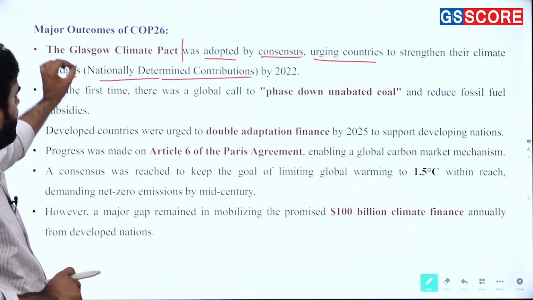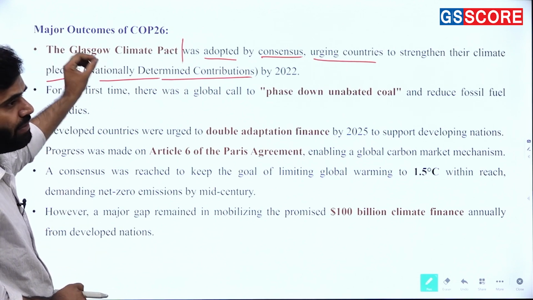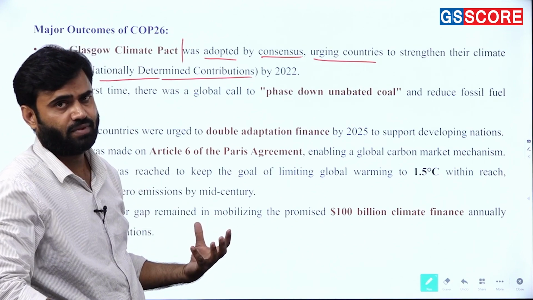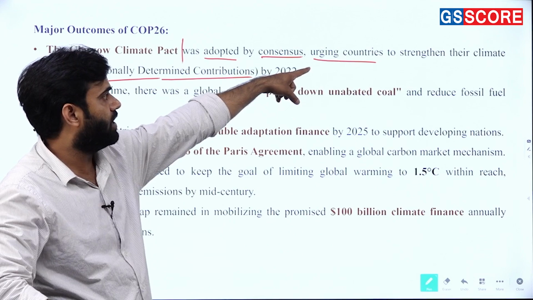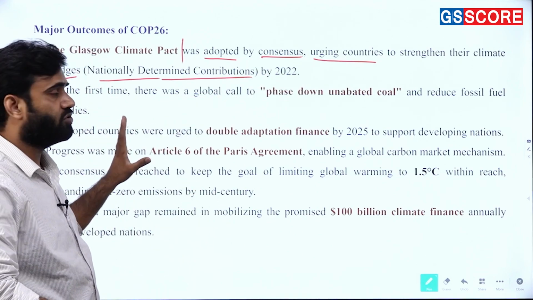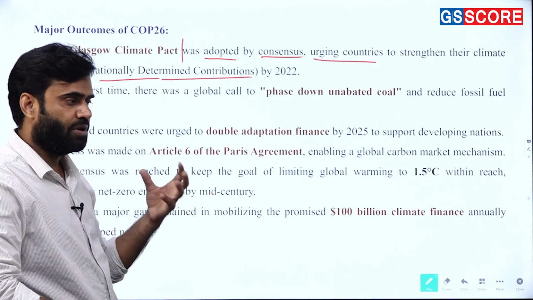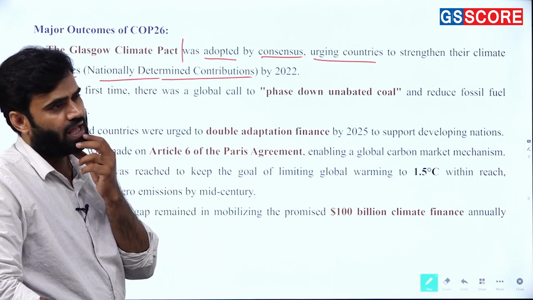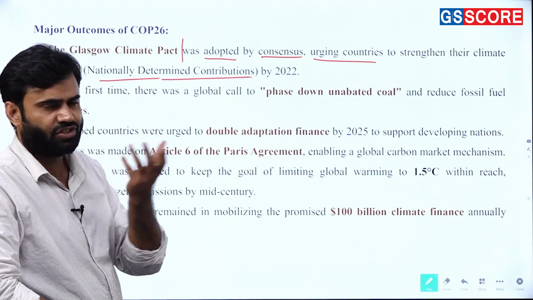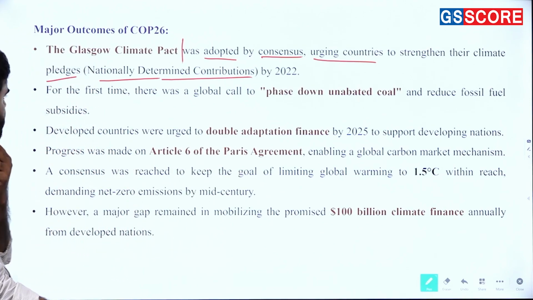In the first line I mentioned the Glasgow Climate Pact, and also how it was passed through consensus, urging countries, ये मैंने उसको mention किया, and nationally determined contributions, precautionary principles, and CBDR, common but differentiated responsibilities, ये कुछ ऐसी बातें थी.